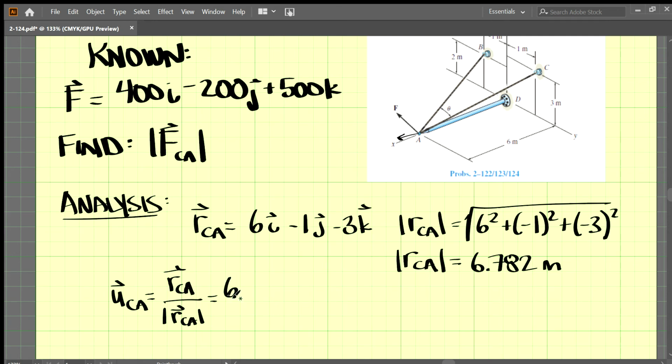So we take 6I minus 1J minus 3K and divide all that by 6.782 meters.